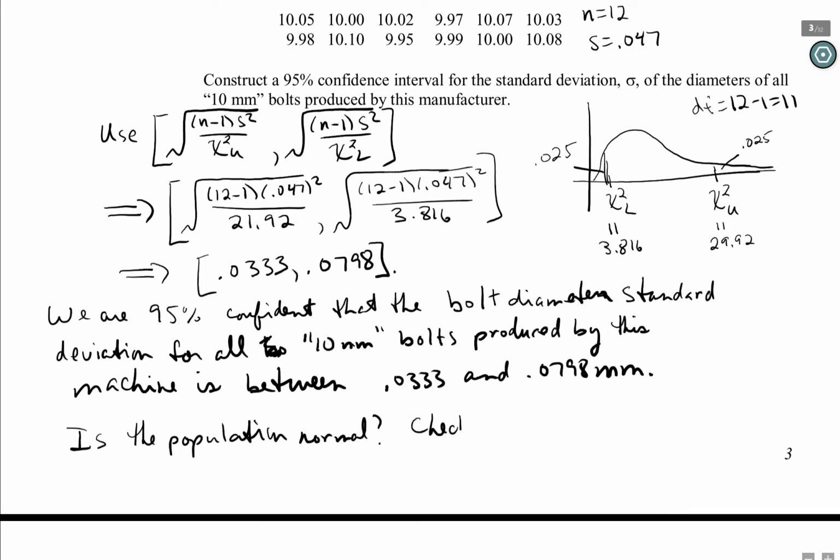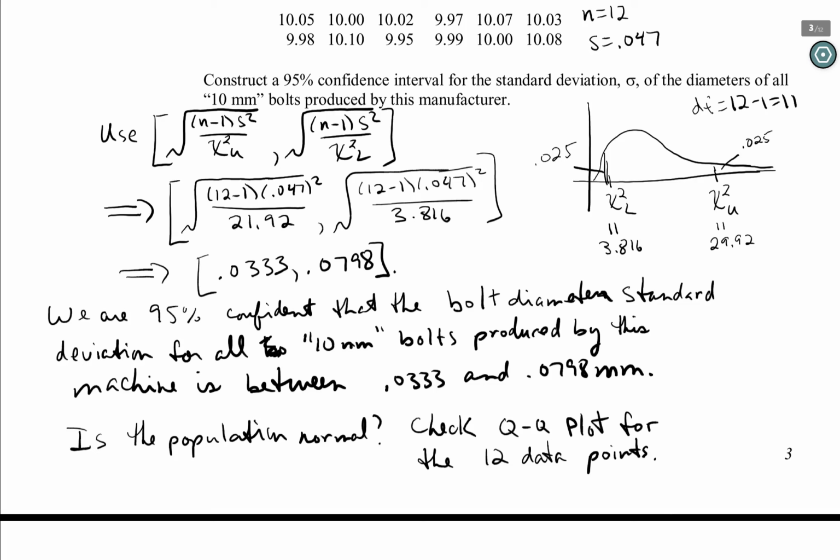We can check a QQ plot for the 12 data points, and if it looks close to linear, then the normality assumption is tenable, defendable, and we'll go with it. If it's not linear, then we need to revisit this problem with a different kind of technique. Actually, it would be a non-parametric technique. We're not going to cover that in this class, but they are out there.